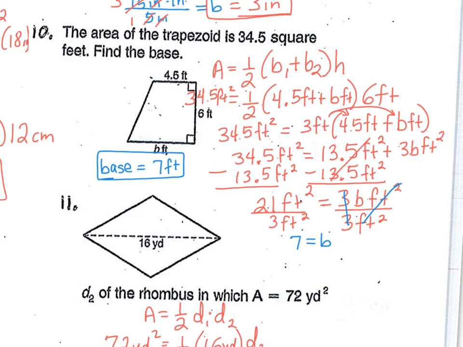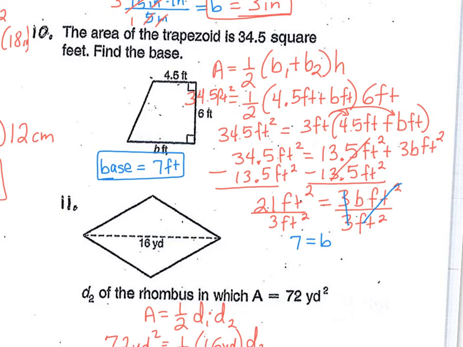Let me show you what I inputted. I inputted 4.5 plus 1.25, and then I put that in parentheses times the 6. I'm sorry, I see my mistake now. I didn't put the one half as part of the formula. Okay.